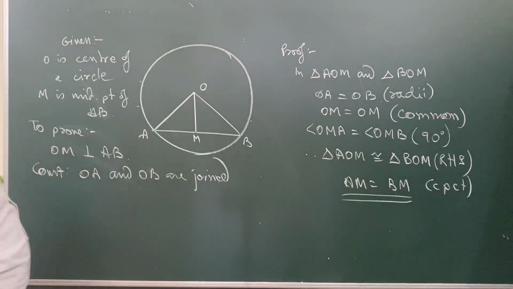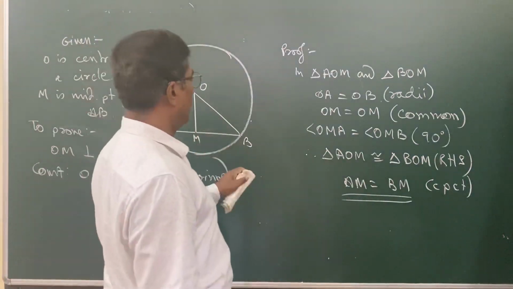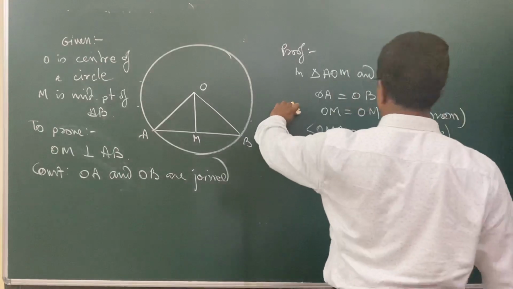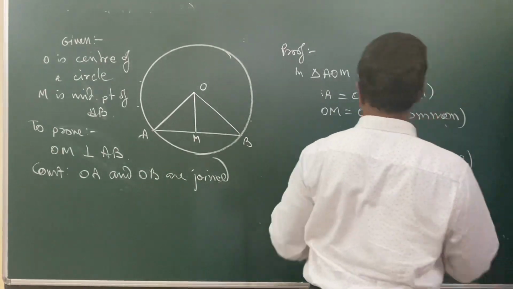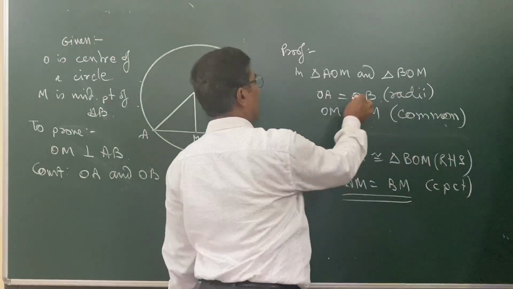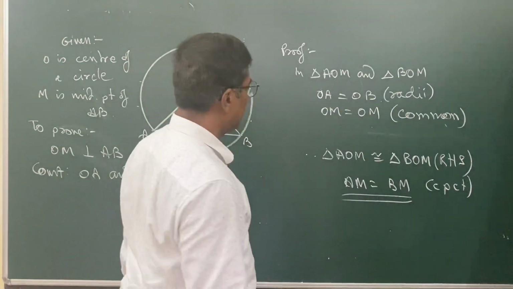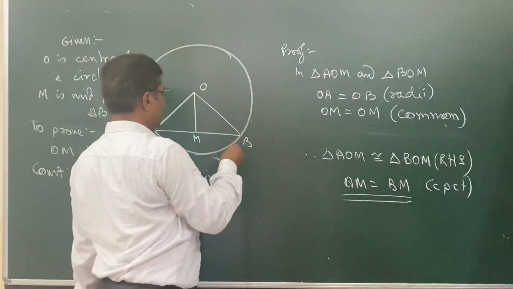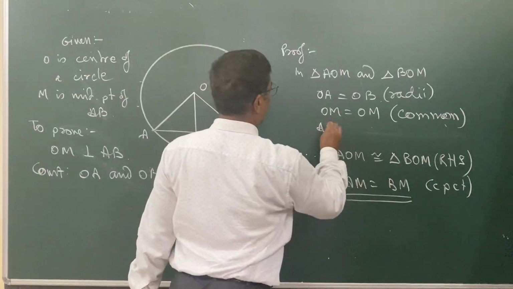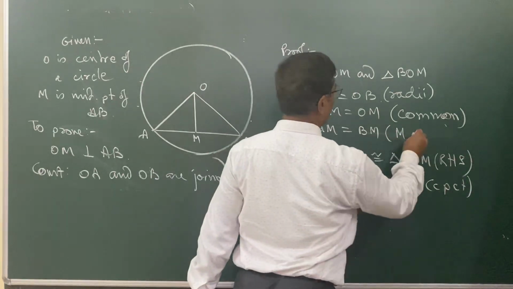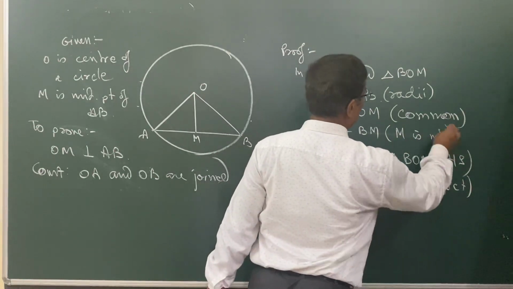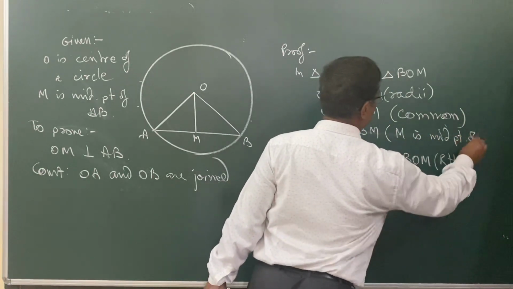Then you take up triangles AOM and BOM. In these two triangles, OA and OB are equal, they are the radii of the same circle. OM is common. Then AM equal BM, because M is the middle point of AB.